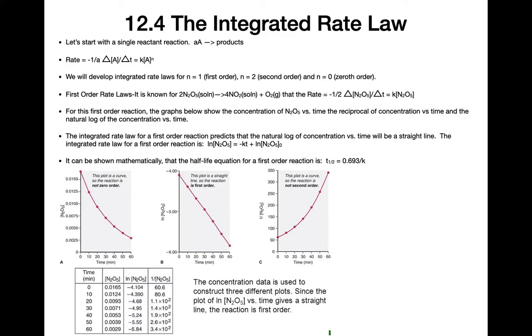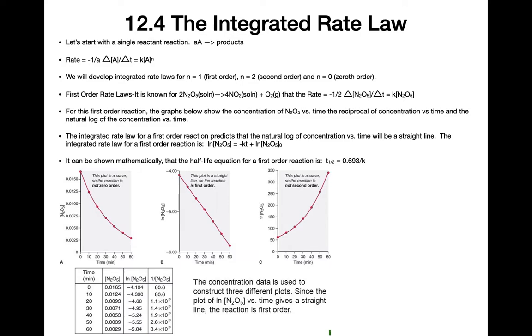For this first order reaction, you could graph the concentration as a function of time, and you could graph the reciprocal of concentration versus time, and you could graph the natural log of the concentration of N2O5 versus time. Now, why do we do that? Well, it has to do with the possible calculus derivations that you could get for the different orders.